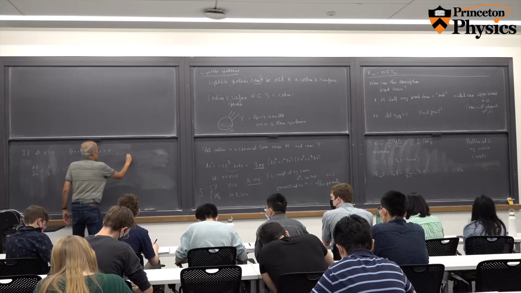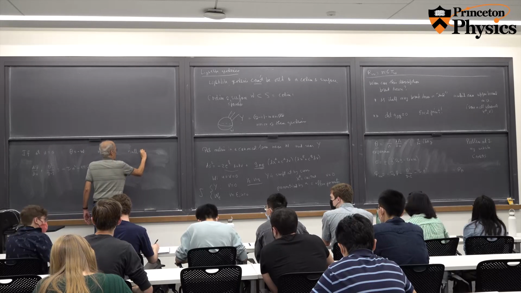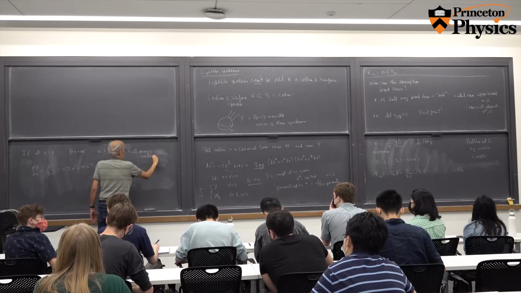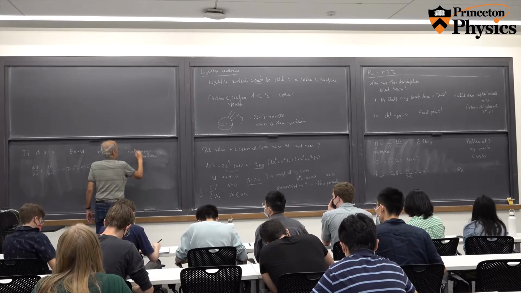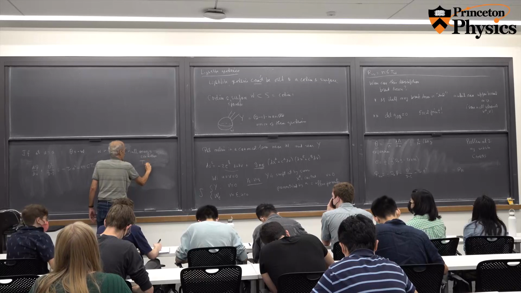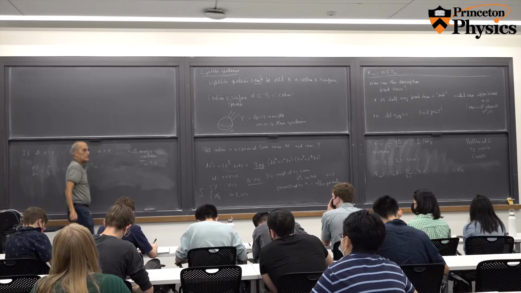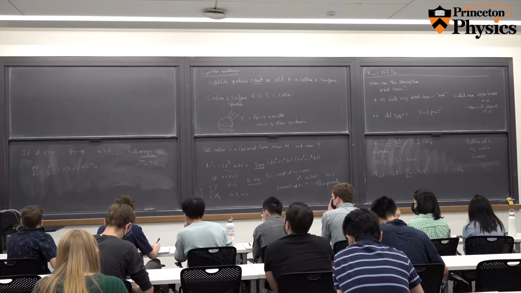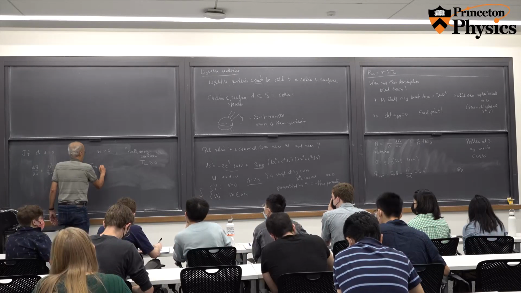Well, we use the null energy condition, which says that TUU is non-negative at each space-time point. And that tells us that the right-hand side is less than 0.